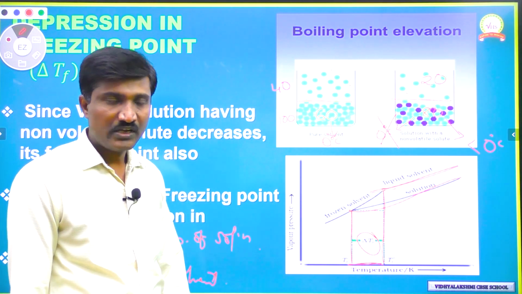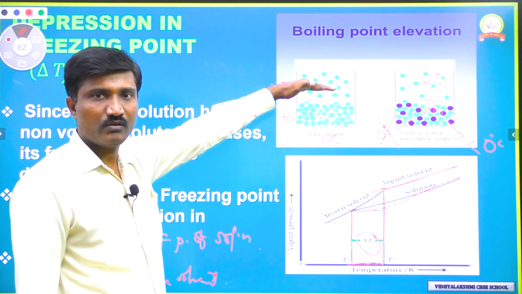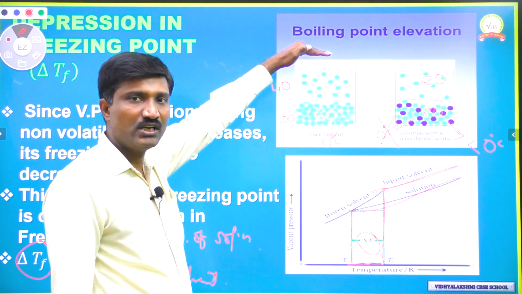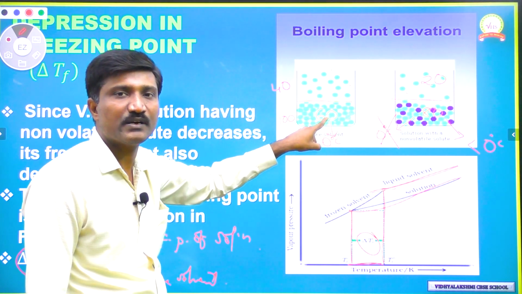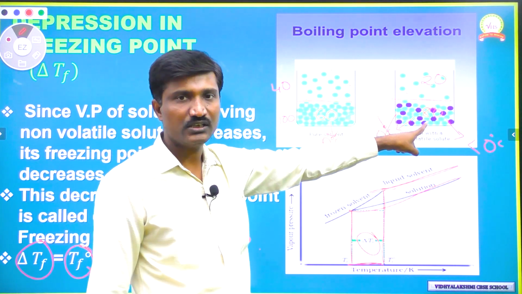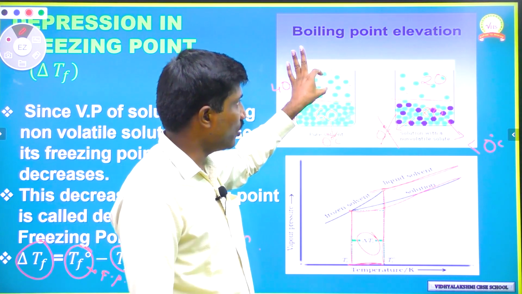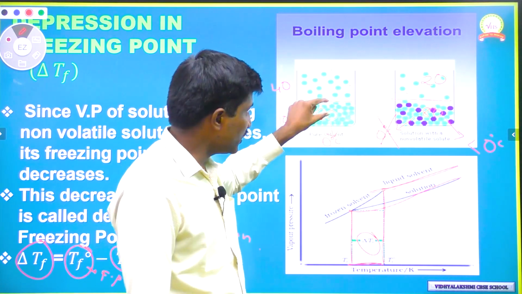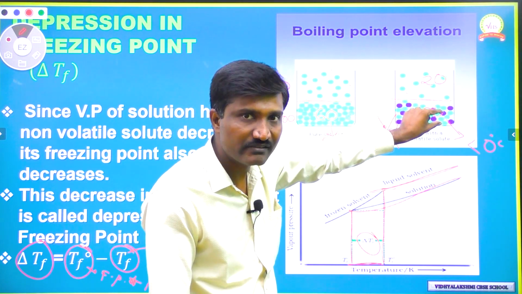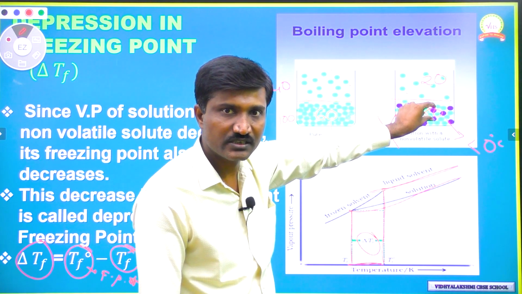If vapor pressure is more, it means more vapor particles are present in the vapor state. So what about the number of liquid particles present in the liquid state? Less compared to the solution. Here vapor pressure is more, here vapor pressure is less. So in the liquid state only 60 molecules are present, but here in the liquid state 80 molecules are present.